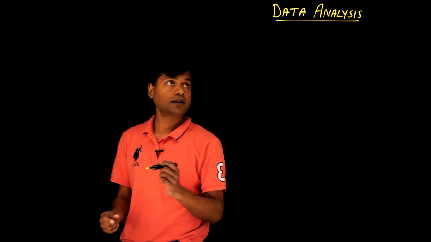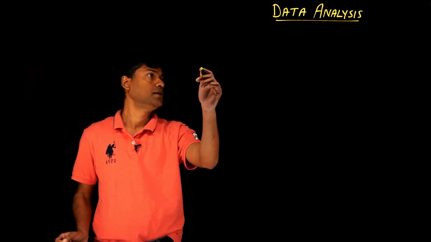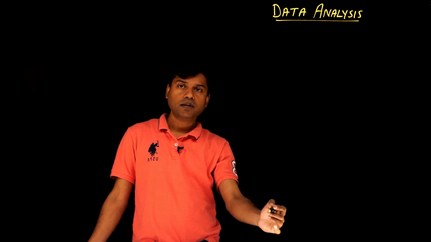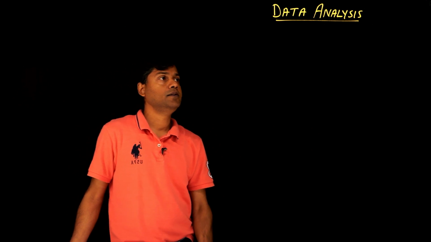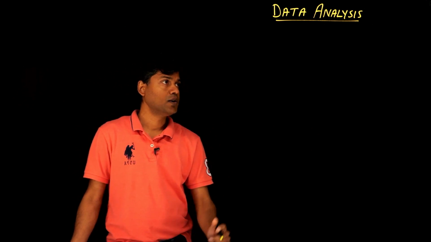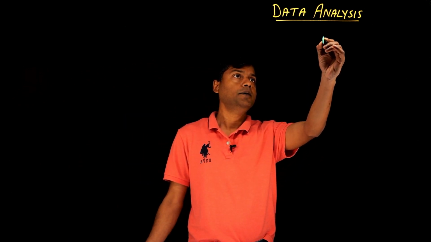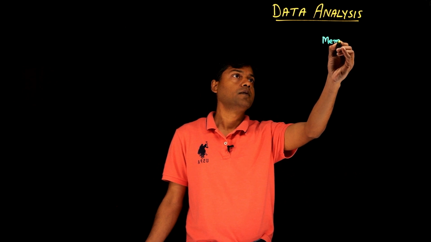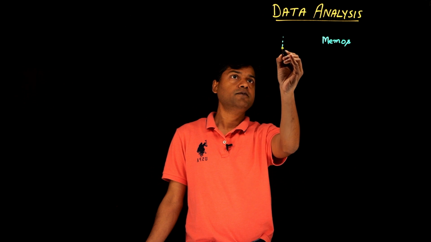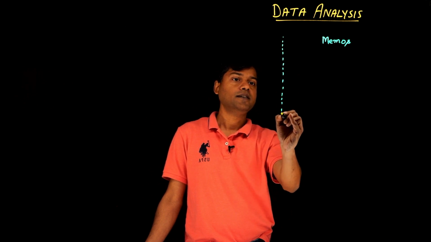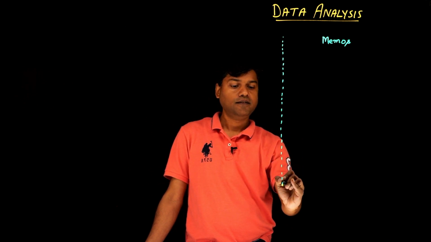So let's start. I'm going to put two columns here so that we can compare and see how it looks in practice. Let me start with memos, and I'll put this information here in blue color.